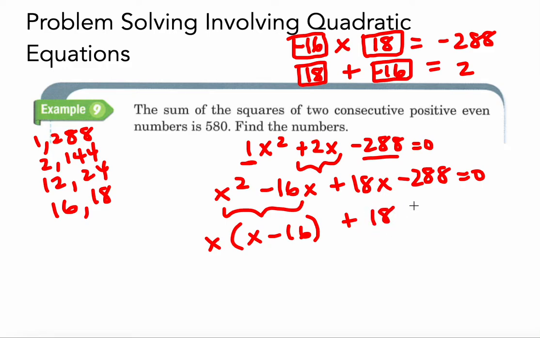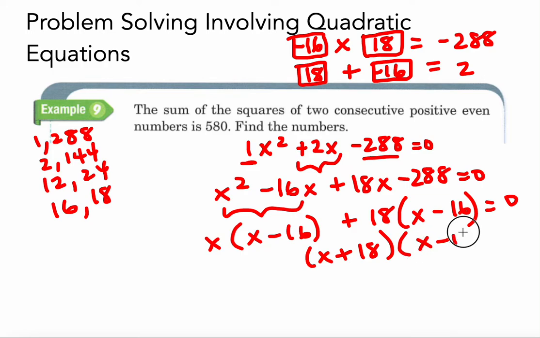Could we take out an 18? Minus 16. Yeah, because 18 times 16 will be 288. Okay, so we end up with x plus 18 times x minus 16 equals 0. All right, we're getting somewhere.